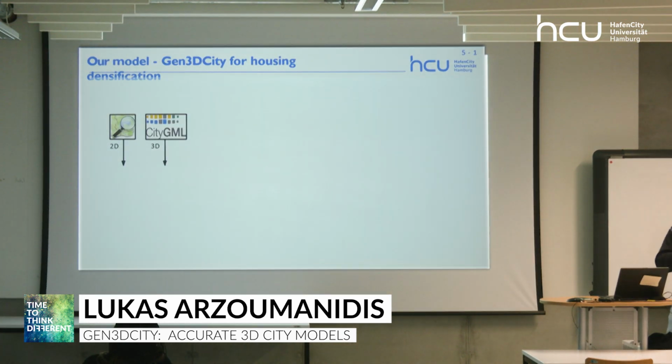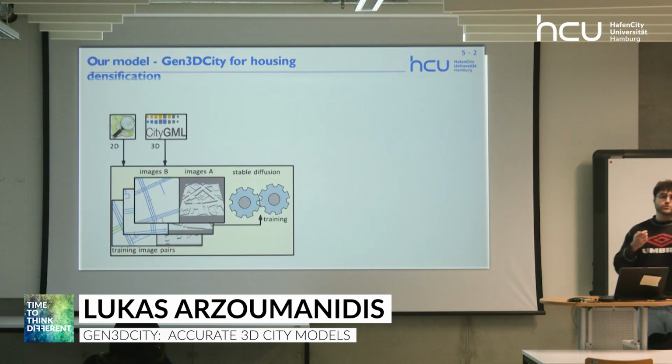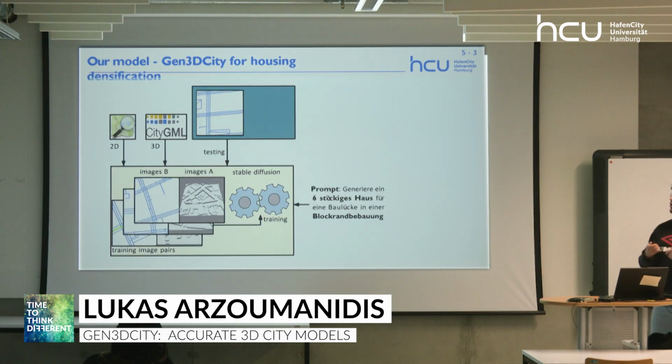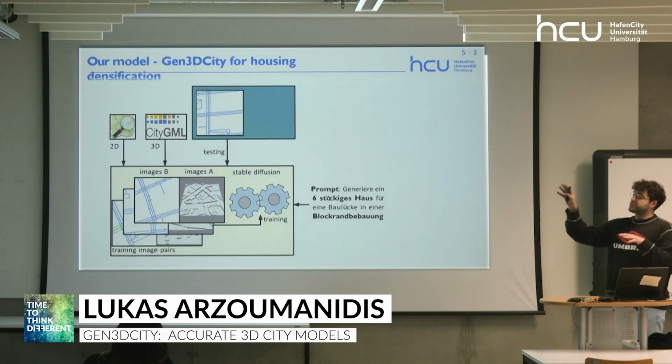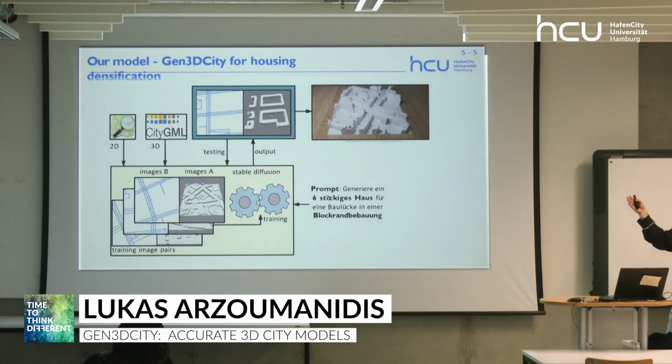Given OpenStreetMap data and CityGML data, we trained a stable diffusion model that is capable of generating, for a certain spatial extent and a prompt, an output, in this case a 3D model, that you would also be able to print on a 3D printer and put on your table.